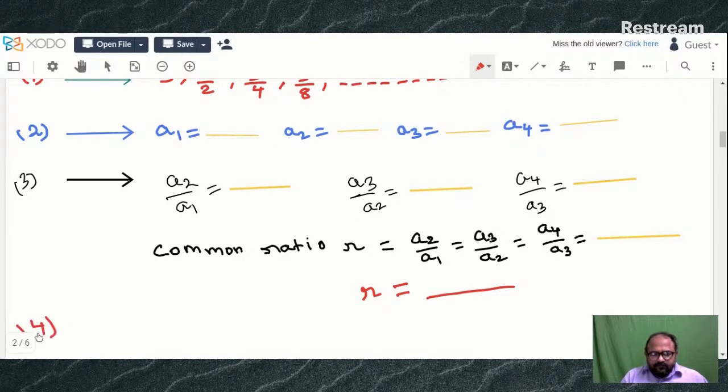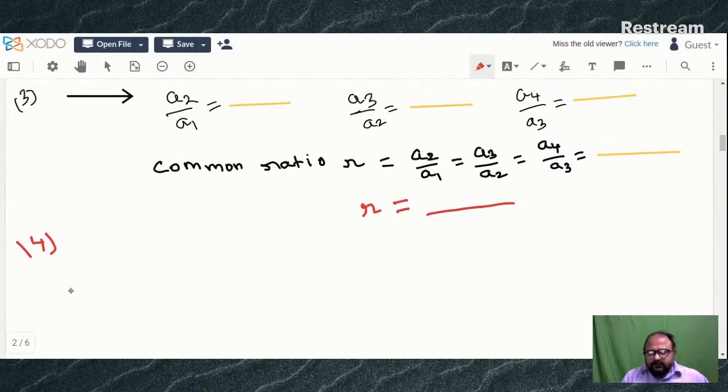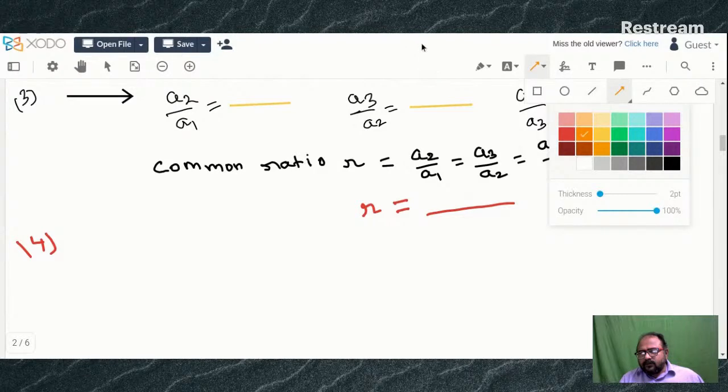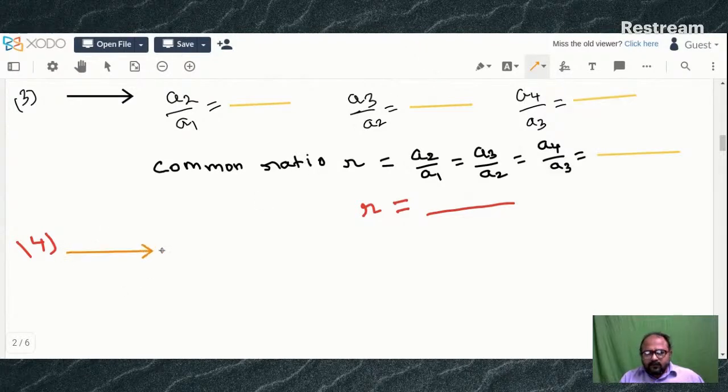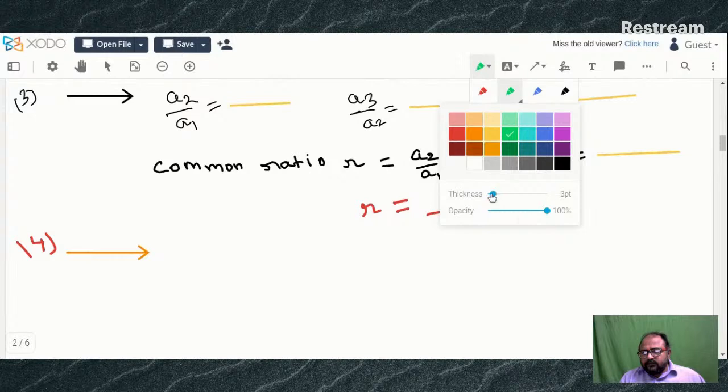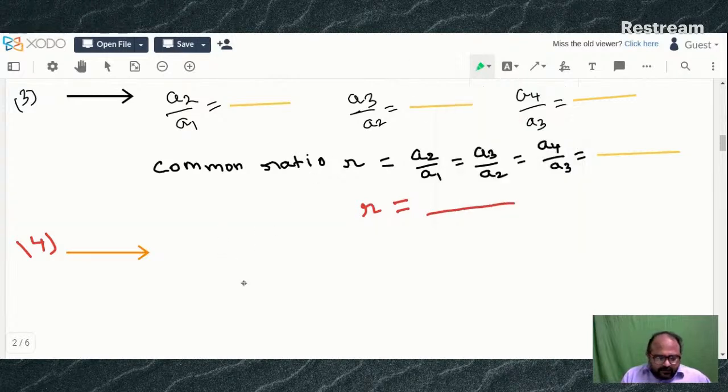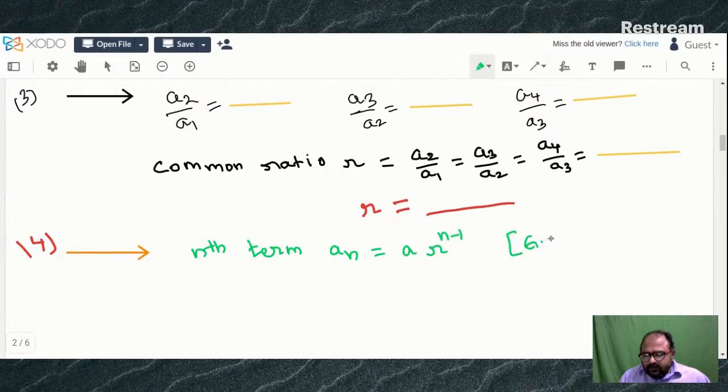Now fourth step, you should find A5. To note on this, you should write the nth term formula. Nth term: an equal to a r to the power of n minus 1 for a geometric progression.